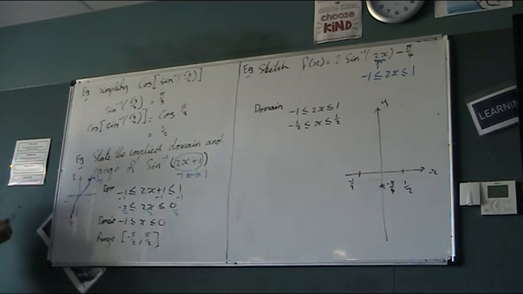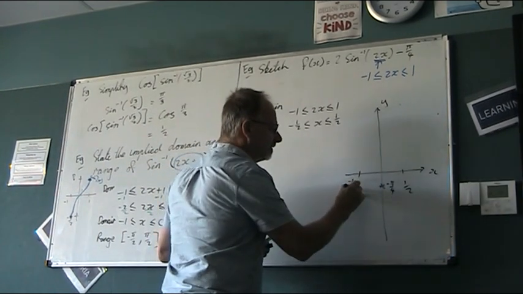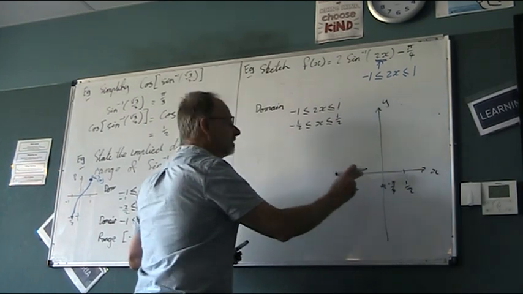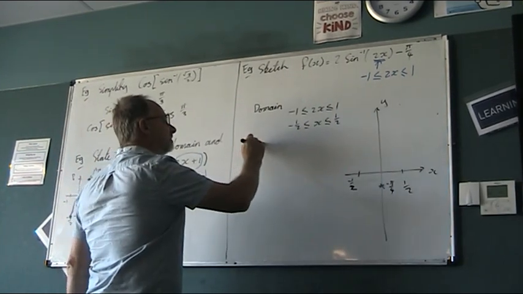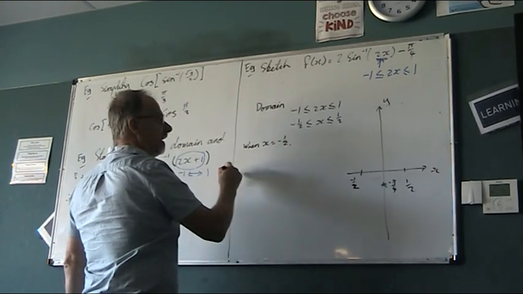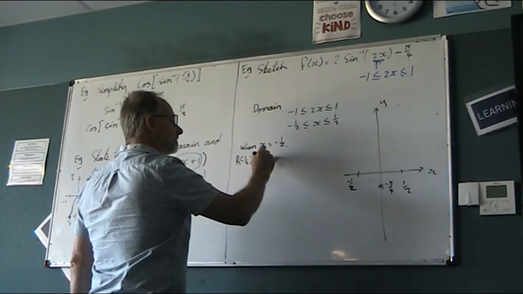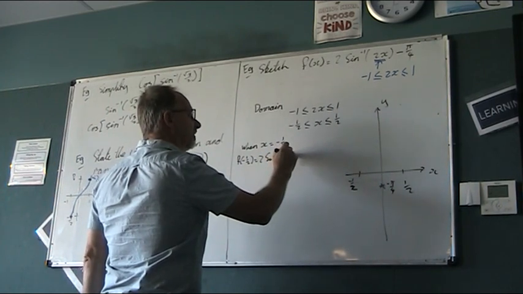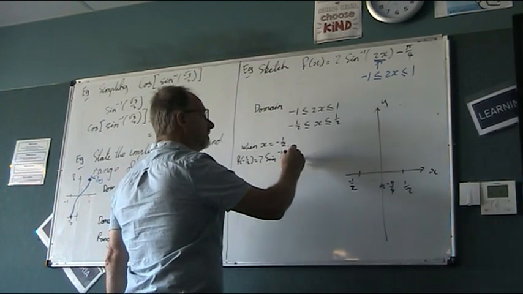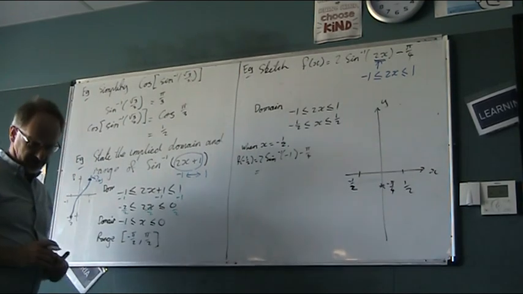So how can I find those end points? Those end points correspond to these spots here, don't they? So when x equals negative half, f of negative a half is 2 lots of sine minus 1 of negative 1 minus pi on 4, and then do some calculations.